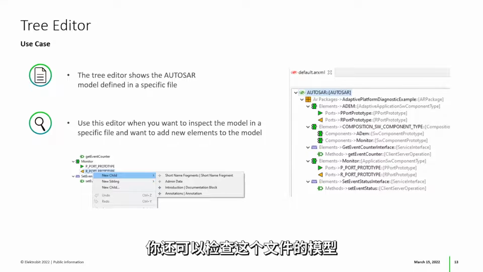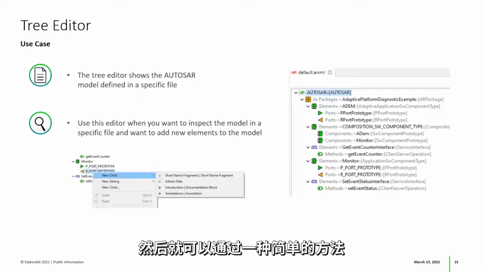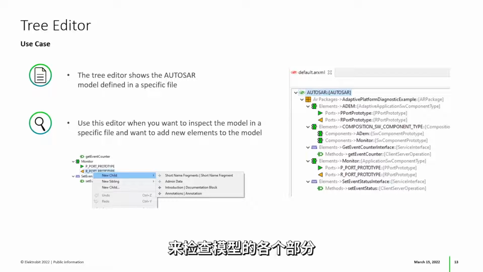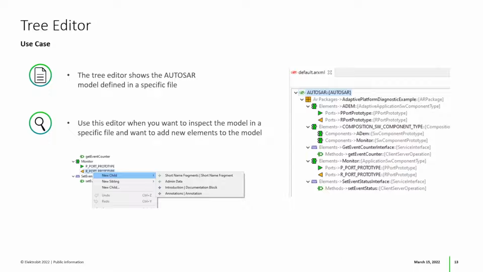You can also inspect the model of this file. So if you have put it in a smart way, so you split up your model into files with a consistent scheme, then you will have an easy way to inspect parts of the model, because you will have some functional clusters you're working on.